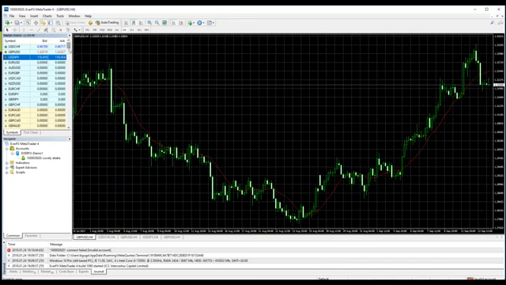Let's go straight to gold. Here you've got your currency pairs, majors, minors, so many pairs. And here you've got your commodities, and there you've got gold.